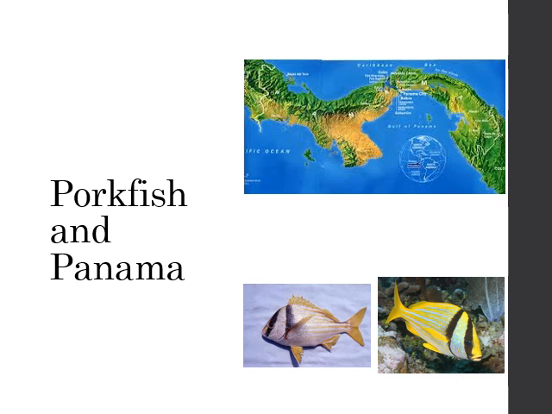Over time, Panama rose, splitting that. That led to huge changes in climate. We'll talk about that when we talk about geologic history of the Earth. But when Panama rose up, suddenly the porkfish couldn't get from the Atlantic to the Pacific at all. They were split, and the population was cut in half. So over time, you have an Atlantic population developing and a Pacific population developing. That's good.